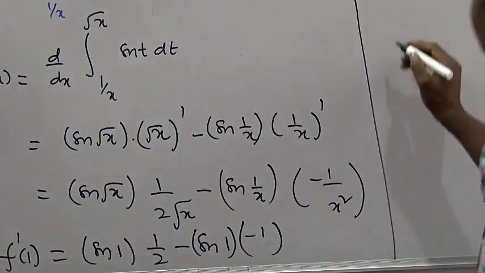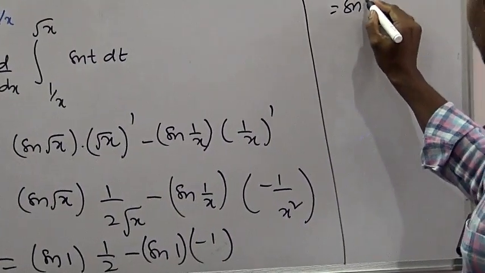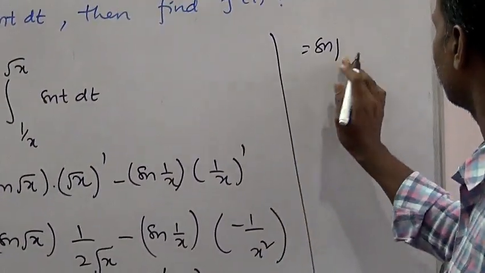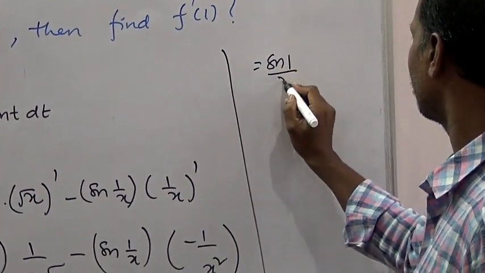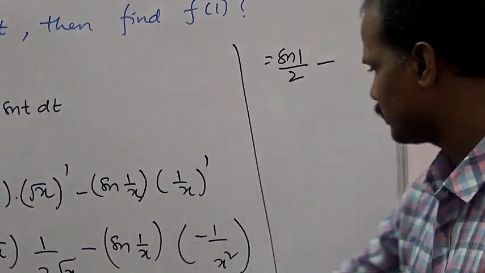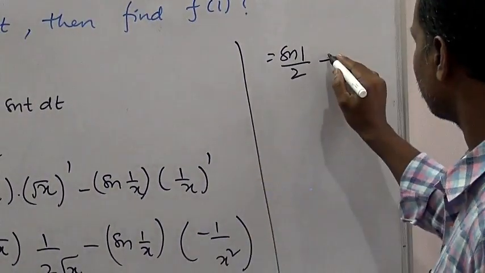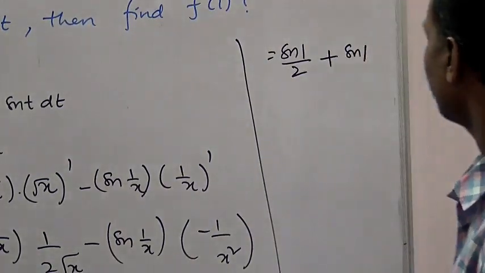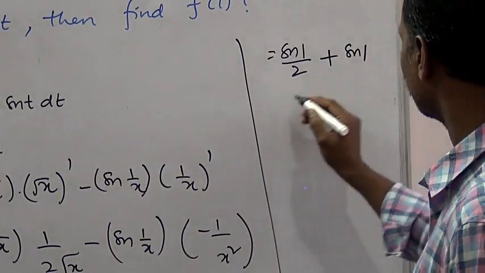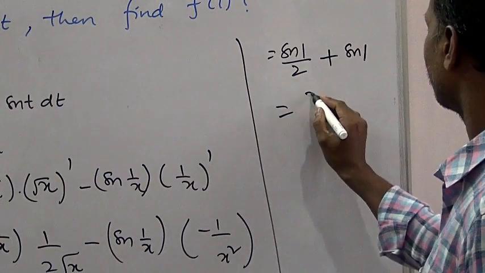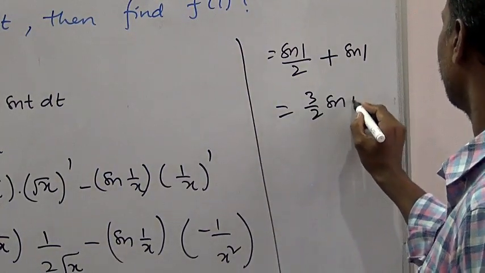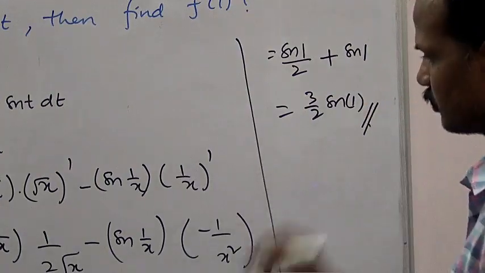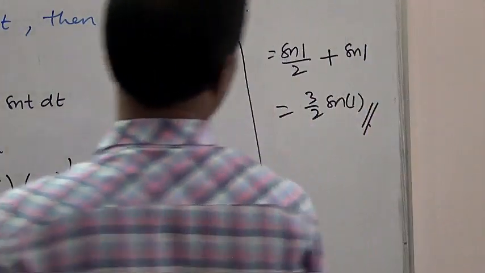So this is equal to sin 1 by 2, minus into minus is plus, sin 1. Which is equal to 3 by 2 sin 1. Understood?